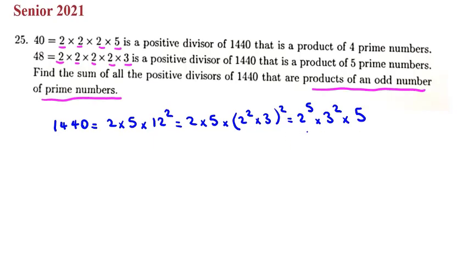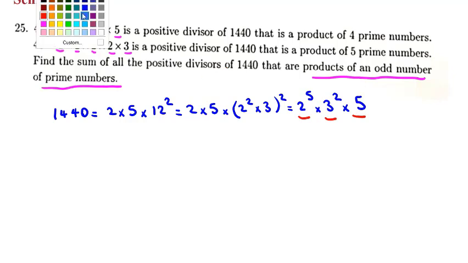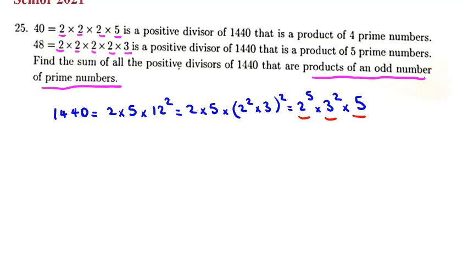Here, what I mean by considering a small example is this: I have 3 factors here. 1 factor, 2 factors, 3 factors. So let's consider each of them. For example, if instead of 1440 we had 5, and we want to find the answer for 5: find the sum of all the positive divisors of 5 that are a product of an odd number of prime numbers.